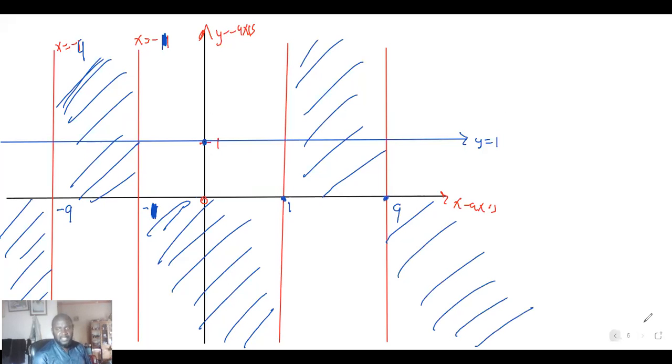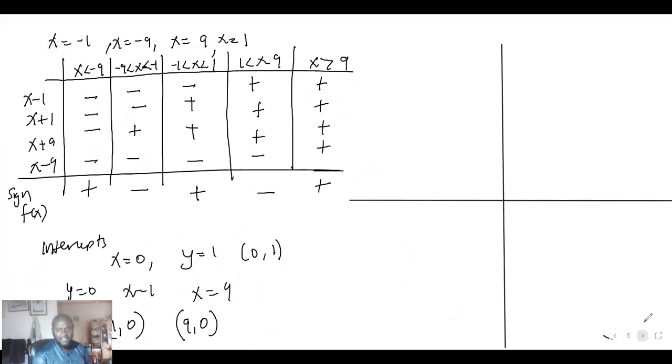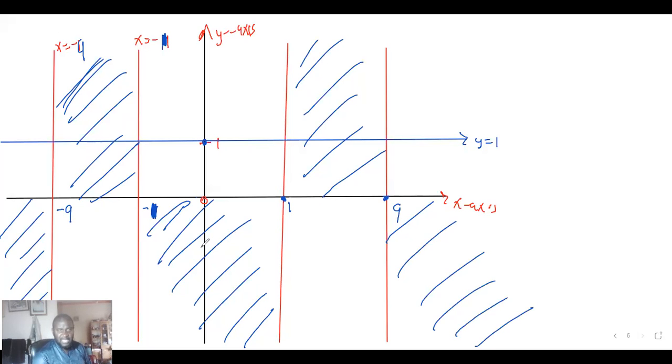Then the turning points. There was a region where the curve never passed. That region is -1/4, and -1/4. This is where I wanted to show you this.